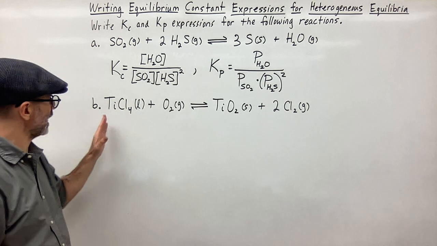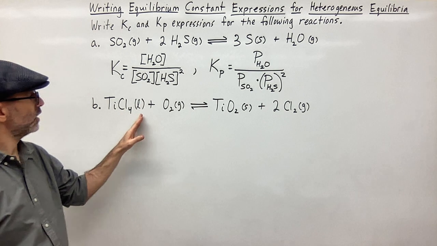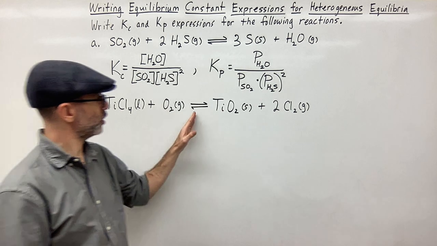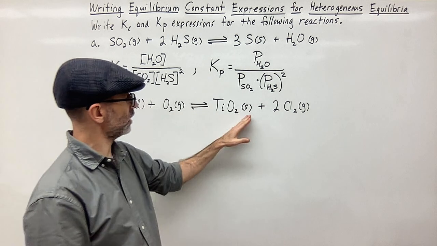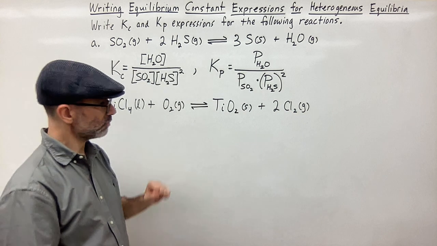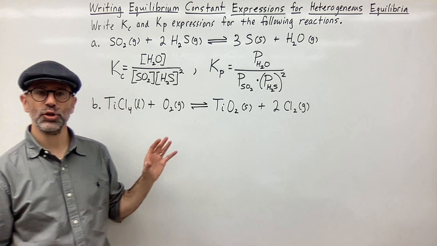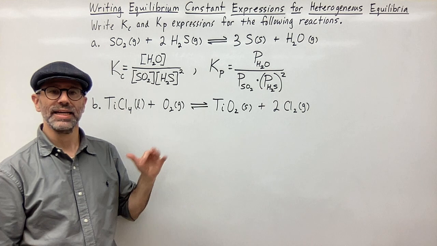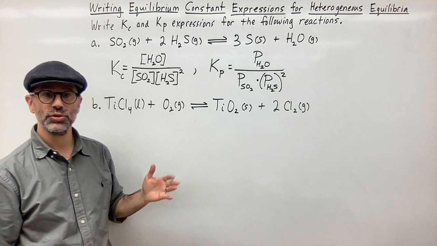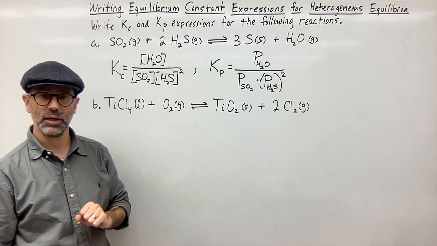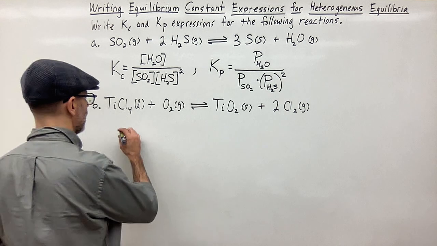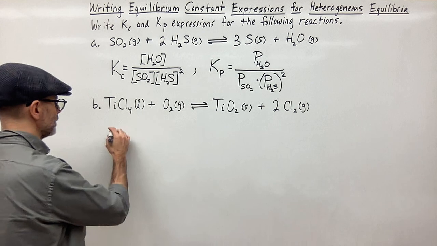Here we have TiCl4 liquid plus oxygen gas, O2 gas, in equilibrium with SiO2 solid plus 2Cl2 gas. Once again, if you have solids or liquids in your equation, you're going to ignore those when we write our Kc and Kp. We're only going to include aqueous and gases. We don't have any aqueous, but we have gases here.